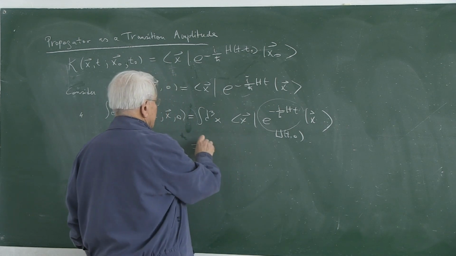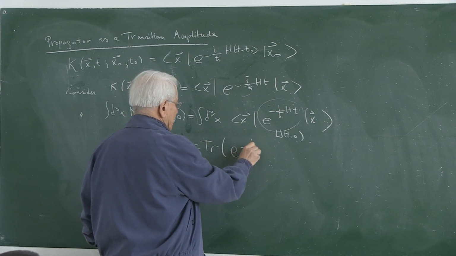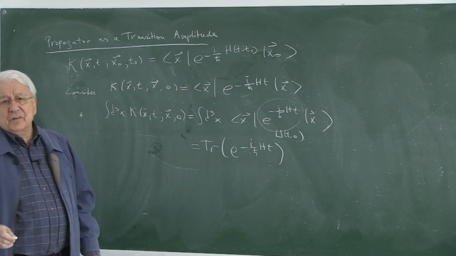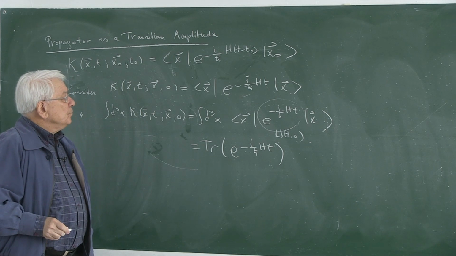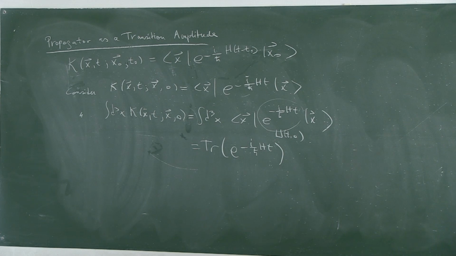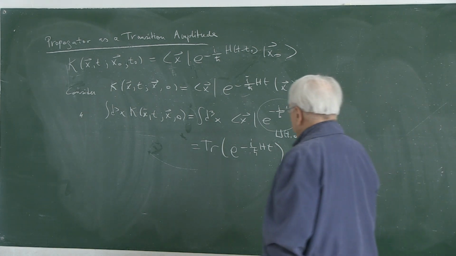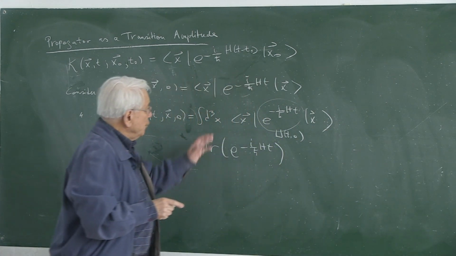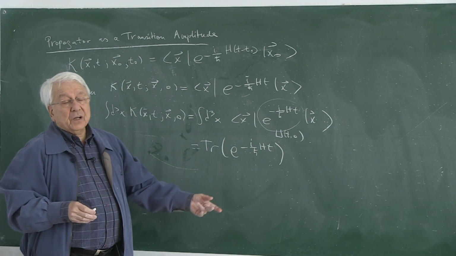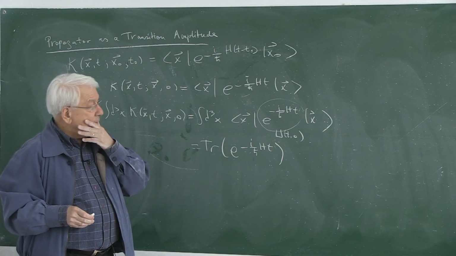Is this the trace of e to the minus i over h bar H t in the x basis? Traces are invariant under representation changes. Remember, we have proven that in general terms. So once it is identified as the trace of the time evolution operator, a particular form is the trace in the x basis. I can write it in the p basis. I can write it in the energy basis, any basis I like.